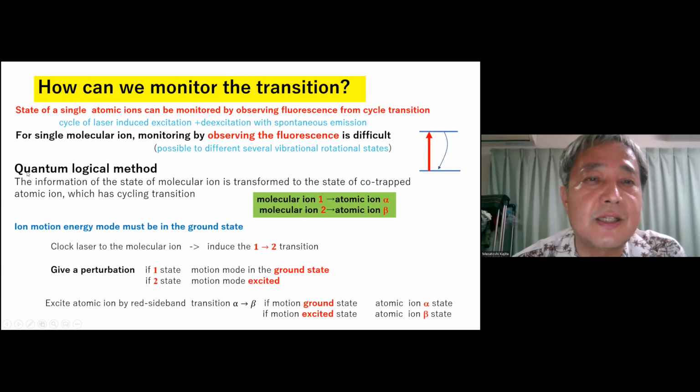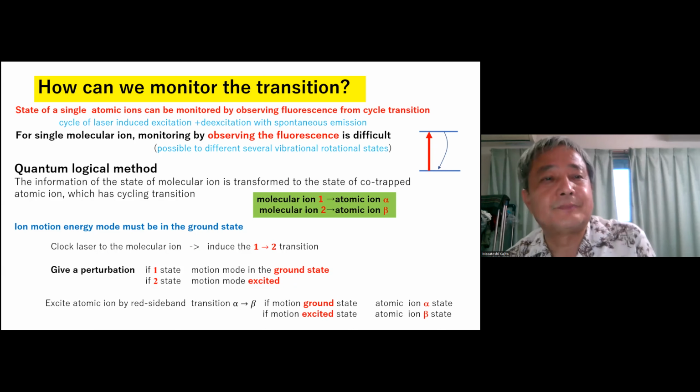For single atomic ions, we can monitor by observing fluorescence from the cycling transition. A cycling transition is the cycle of laser-induced excitation and de-excitation with spontaneous emission. But for molecular ions, it is difficult because spontaneous emission is possible to different states, so the cycle is not possible.